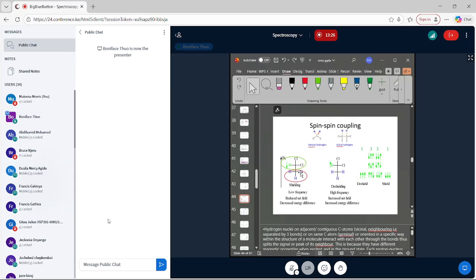So if we were to illustrate the different possible combinations of the energy states of the three hydrogens, we can have these different conditions, okay? You can have a state where only one of the hydrogens is in the lower energy state and the other two are in the higher energy state.